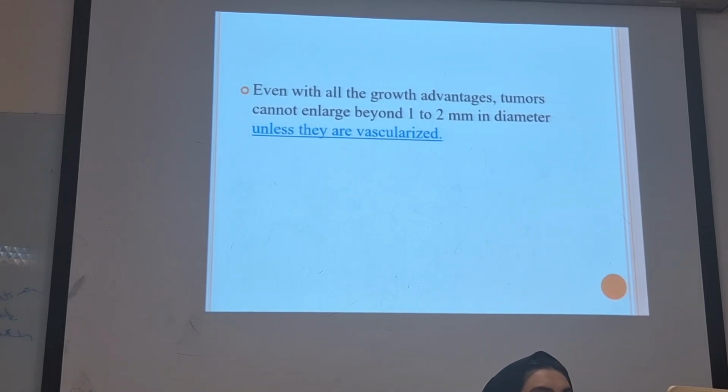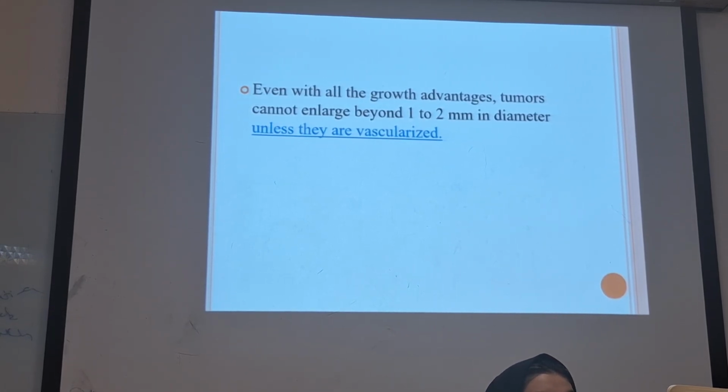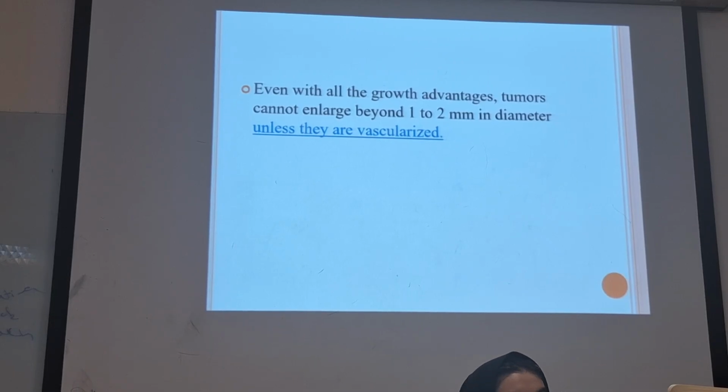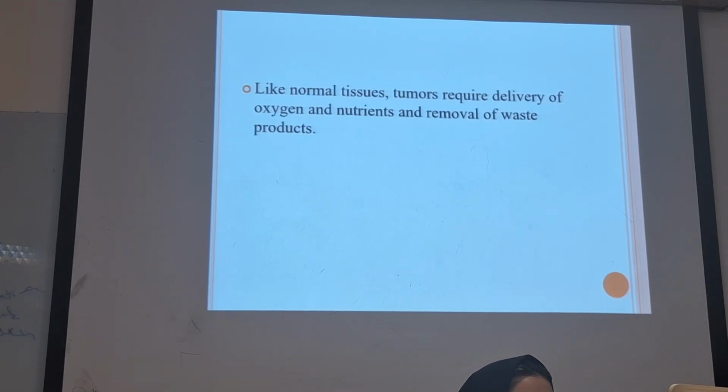Even with all the growth advantages, tumors cannot enlarge more than about 2 millimeters in diameter unless they are vascularized, both benign and malignant tumors. Because they need nutrients, they need oxygen, they need many things, and they need blood supply.